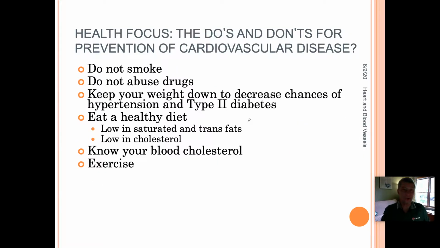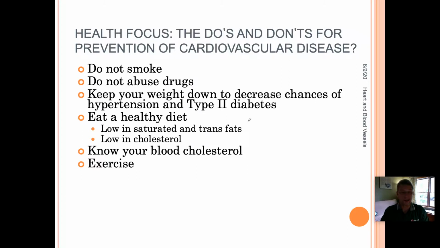Now, how do you prevent your heart from becoming damaged and your blood vessels from becoming damaged? Don't smoke, all right? That's one of the leading causes of heart disease in the United States. Don't abuse drugs, because certain drugs can affect your heart and blood vessels in a variety of different ways. Keep your weight down. This decreases your chance of high blood pressure as well as type 2 diabetes.